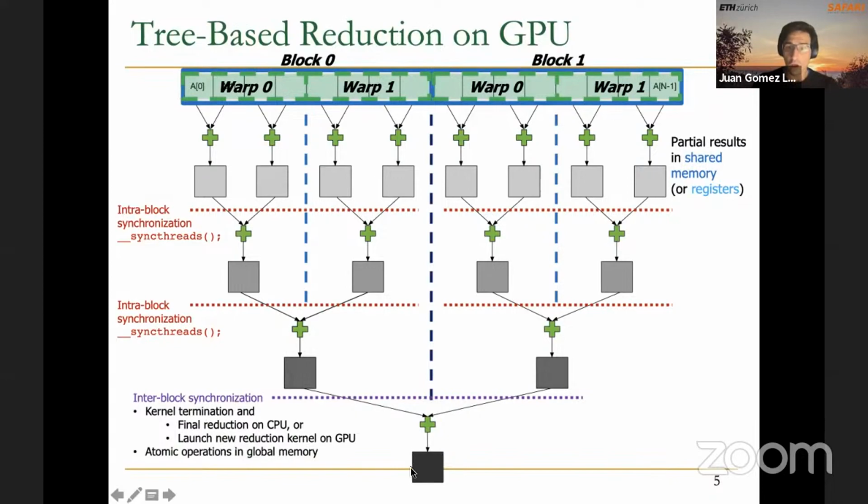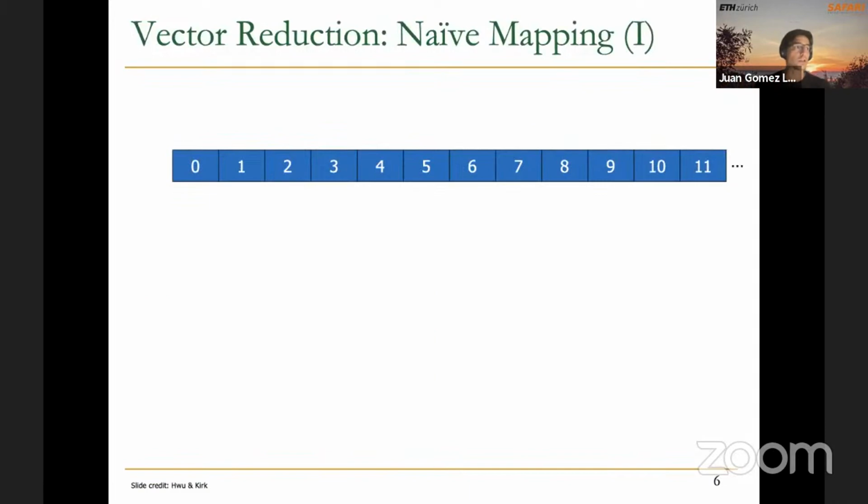Essentially, this means that we have one memory location in global memory that is going to be updated by one thread from block 0 and one thread from block 1. And using atomic operations ensures that there are no data races and the final result is correct. As usual, please don't hesitate to stop me and ask questions whenever you need.